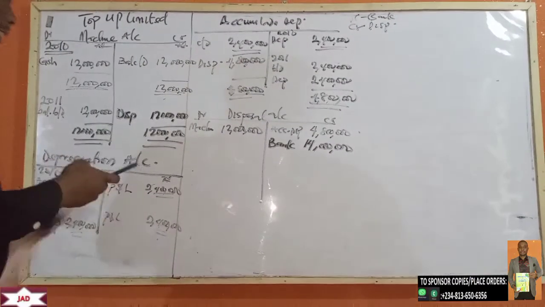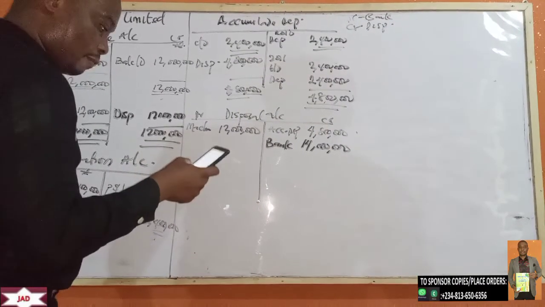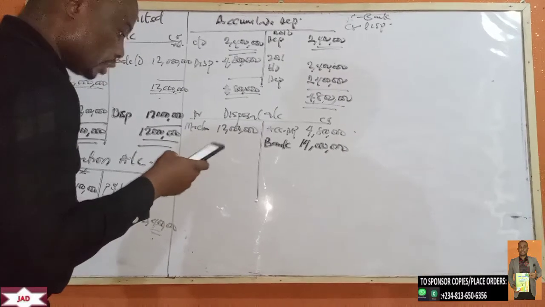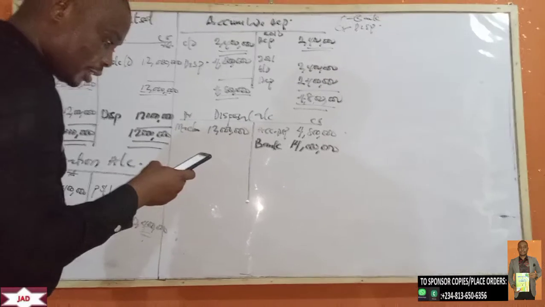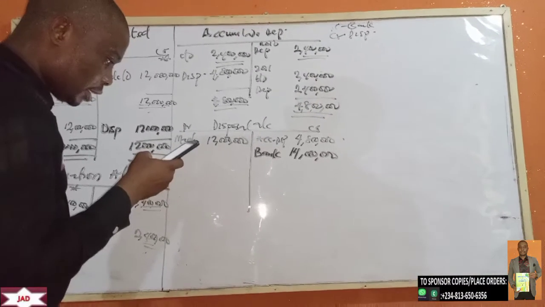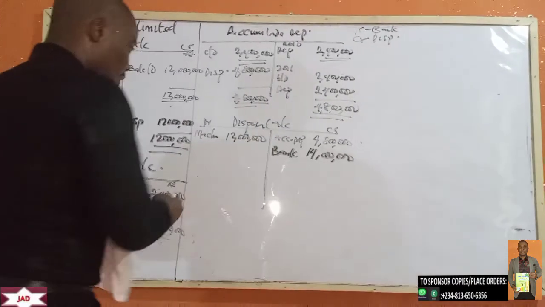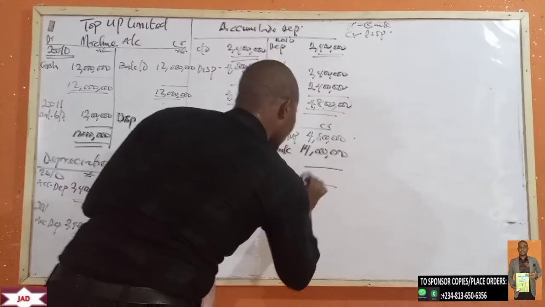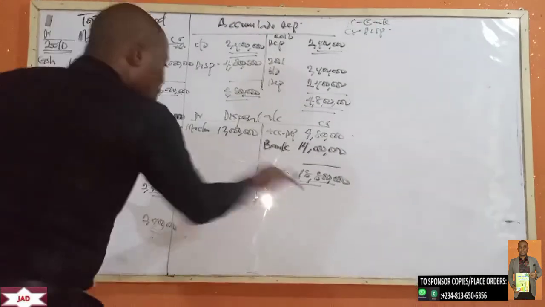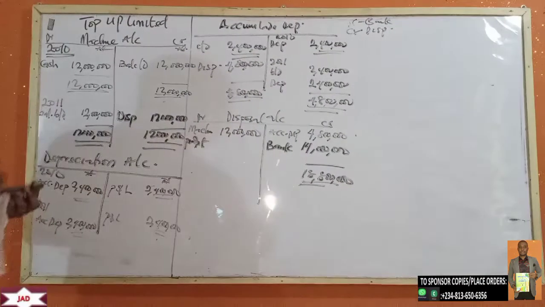Alright? So what do we have there? That's like saying that we have 4,800,000 plus 14 million. That's 18,800,000. So the difference between this and this now will be your profit on disposal.